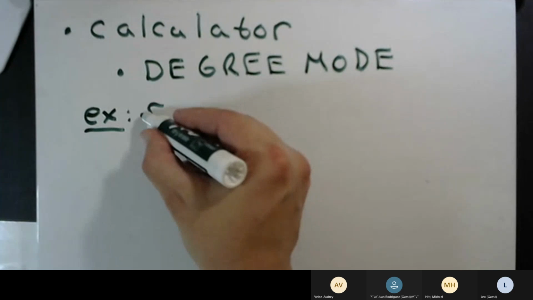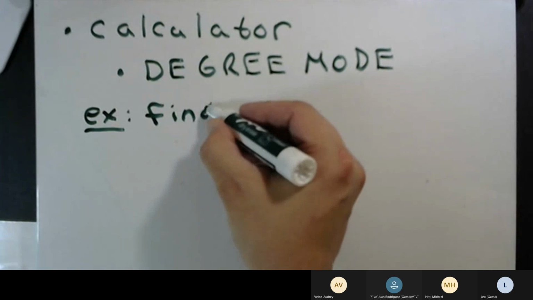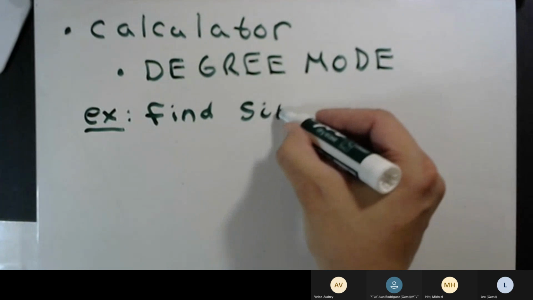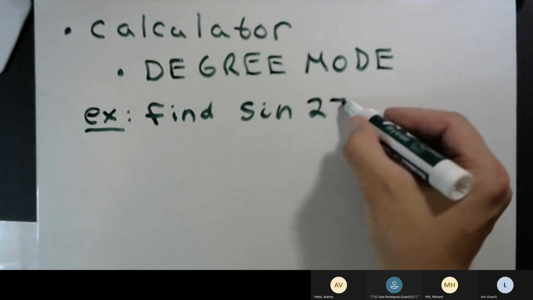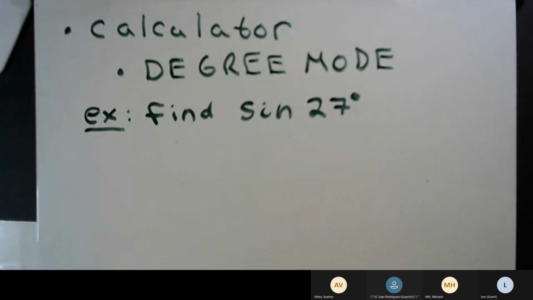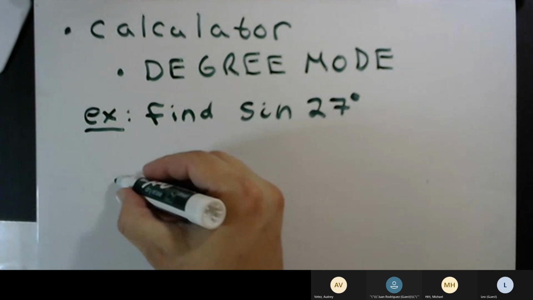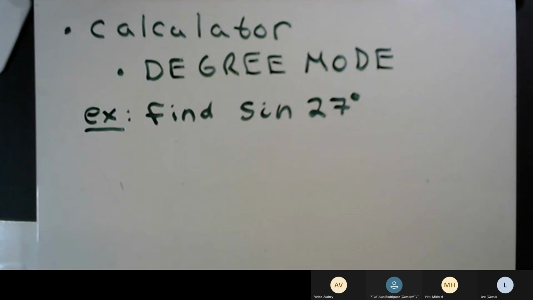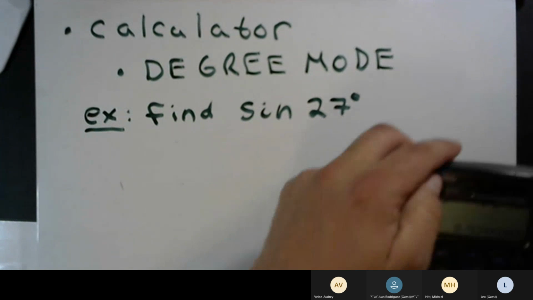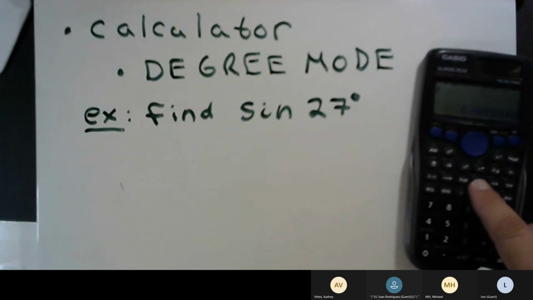Let's say we want to find the sine of 27 degrees. Now, on my calculator, and yours is probably going to be different, I'm going to hit my sine button.